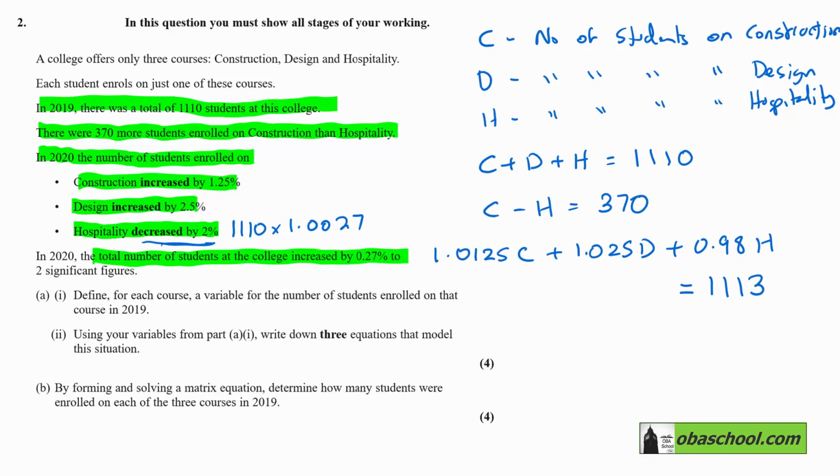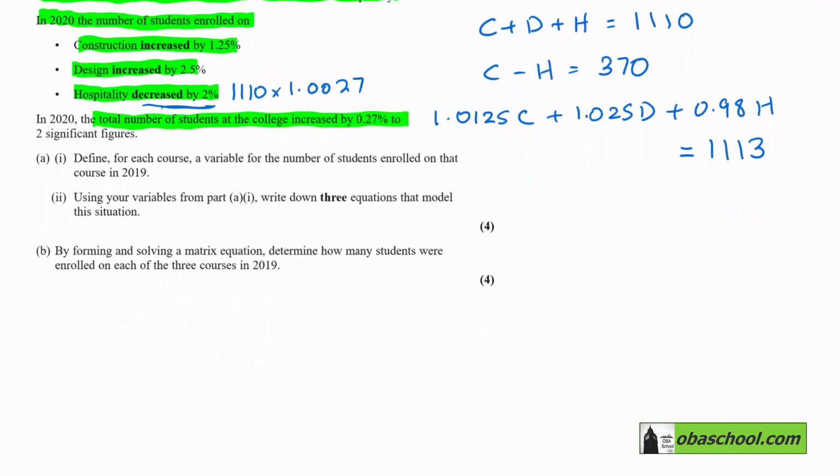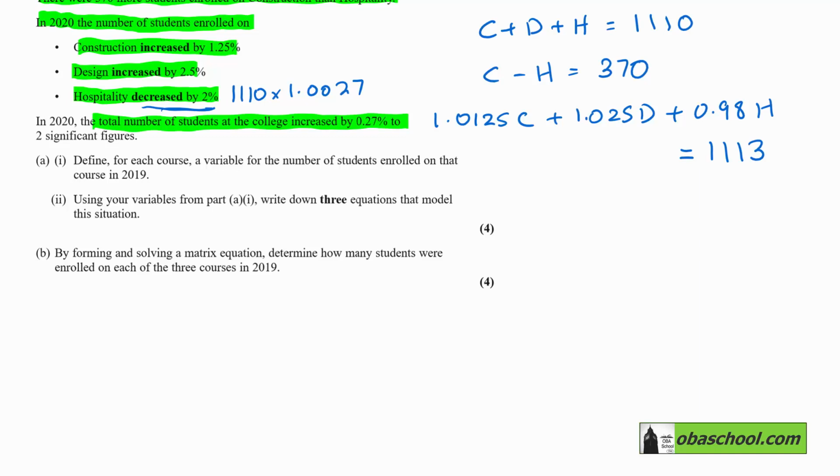Now, by forming and solving a matrix equation, determine how many students were enrolled on each of the 3 courses in 2019. In other words, find C, find D, and find H. So, if we do this equation first, the coefficients are 1, 1, and 1.